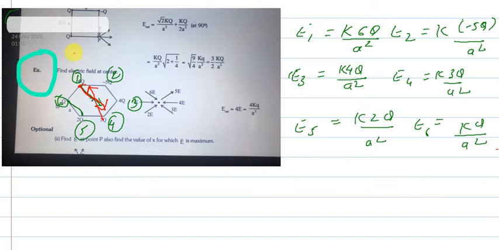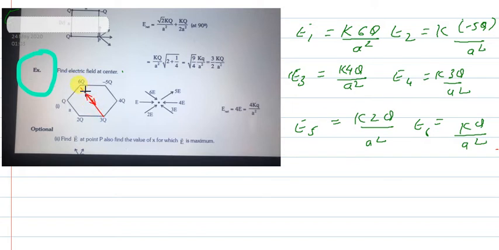Okay, so how can we write this? Let me rub it, sorry. Let me make a clear diagram. Now see, because of this 6q charge, the direction of electric field will be in this direction, and because of 3q, the direction will be opposite.